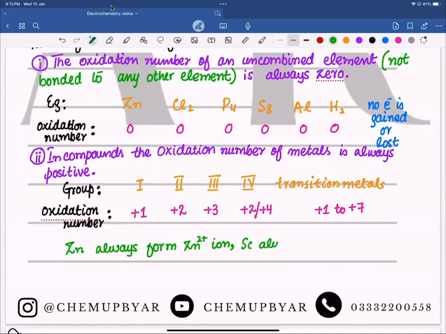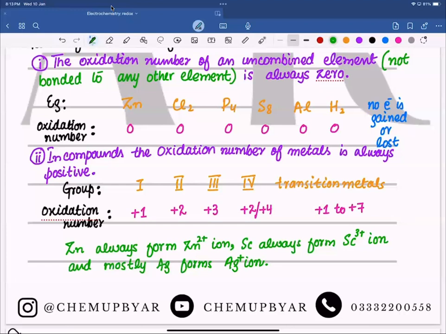In the same way, scandium always forms scandium 3 positive ion, and mostly silver forms silver plus 1 ion.